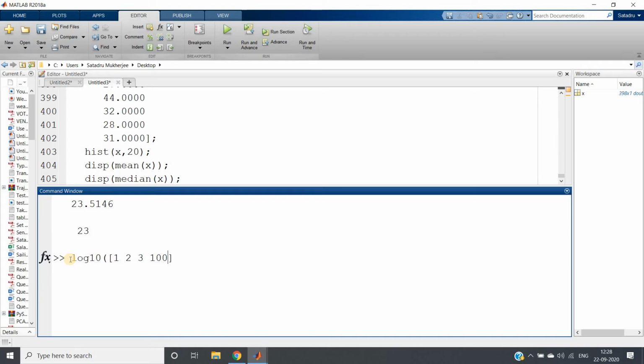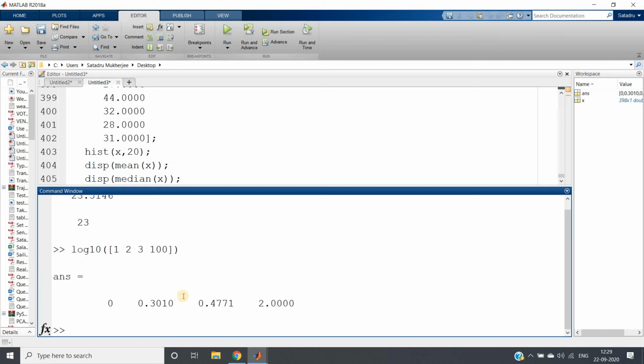This is called log transformation. Take log of all the values and hit enter. See what happens: the smaller values are not much affected, they remain small, but the larger value, which was very high compared to all the other values, decreases. The difference is decreased, right?